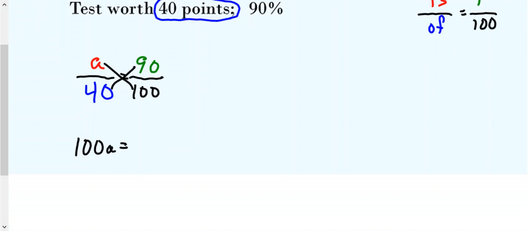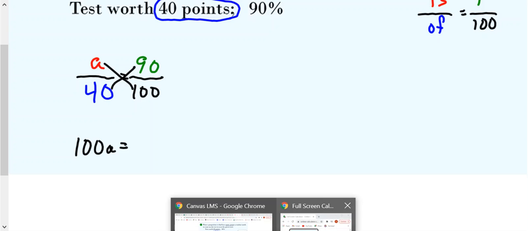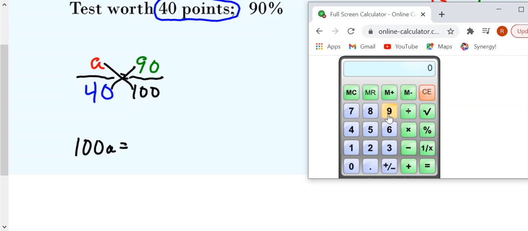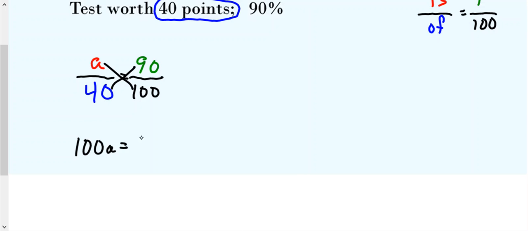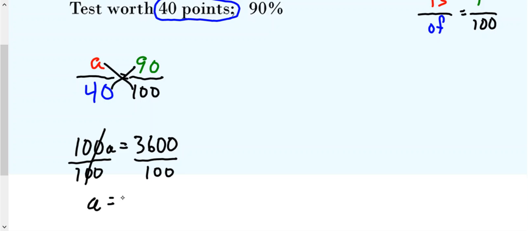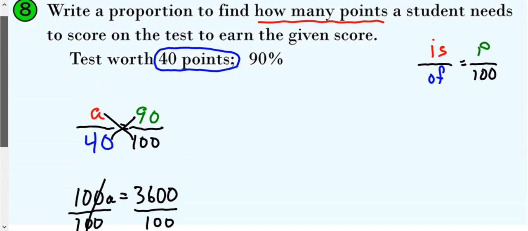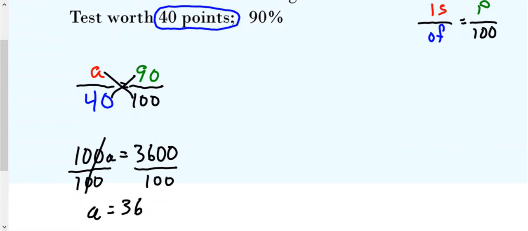And then 90 times 40 will be 3600. 90 times 40, 3600. Alright, now we can divide by 100 to get that variable all by itself. Cancel here. A is equal to 36. So this student needs to score at least 36 out of 40 to get a 90% on their test.